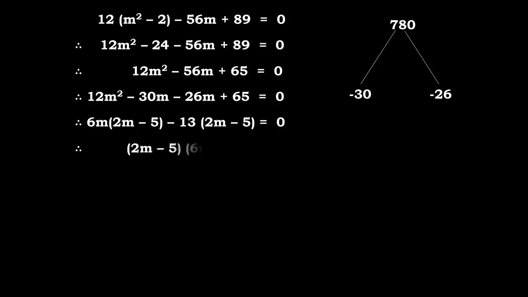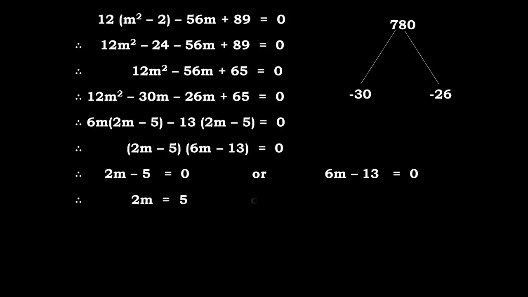So 2m - 5 first bracket, second bracket 6m - 13 = 0. 2m - 5 = 0 or 6m - 13 = 0. Therefore 2m = 5 or 6m = 13. Therefore m = 5/2 or m = 13/6.